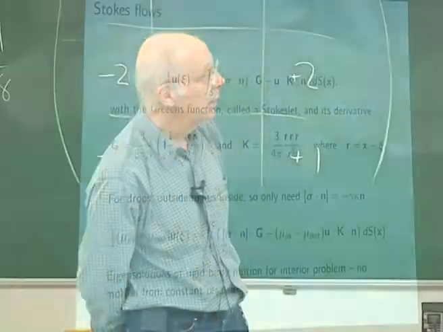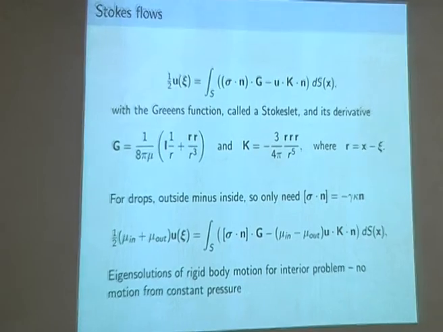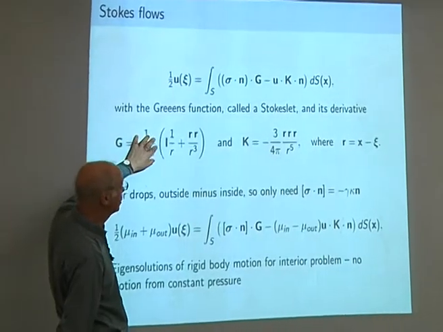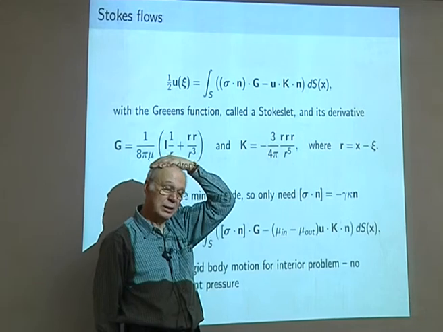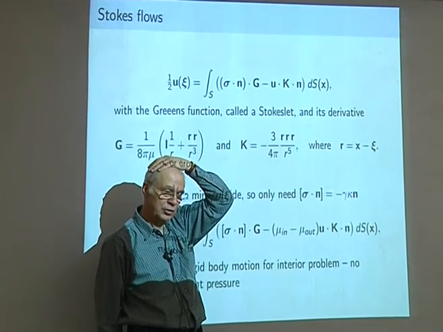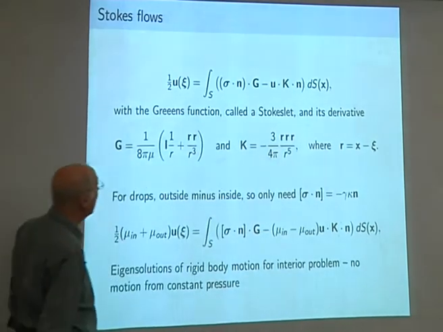Stokes flow. Stokes flow is a sort of potential flow with vectors rather than scalars. And there is a Green's function called the Stokeslet, and there's the derivative of the stream function, which is called in the low Reynolds number literature the Stresslet. So this is what they are.